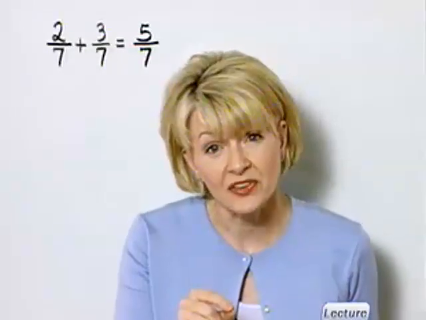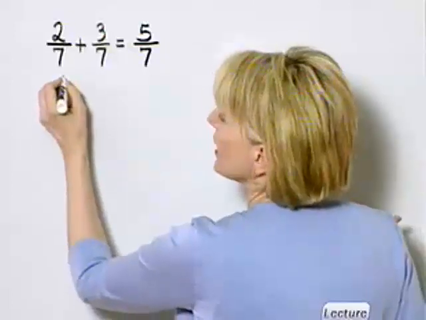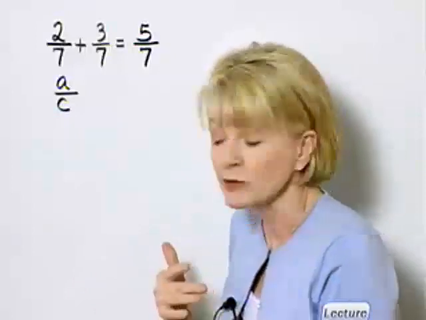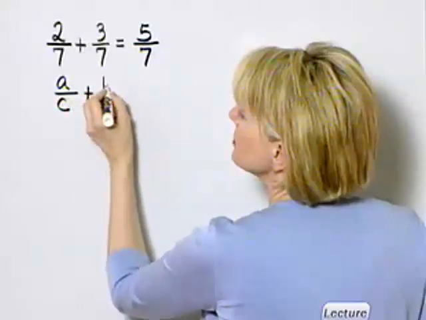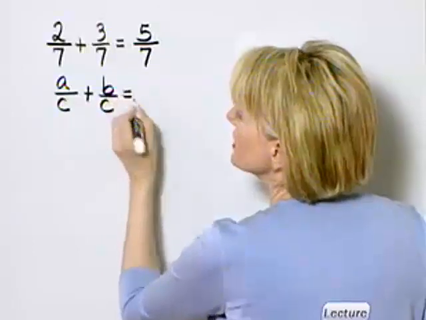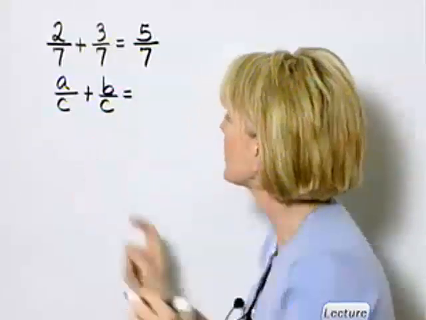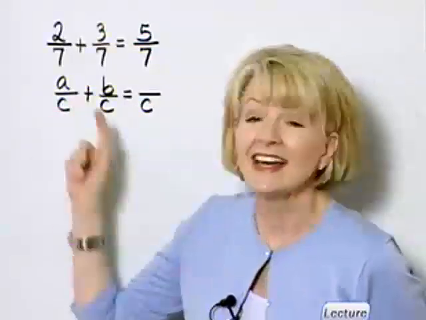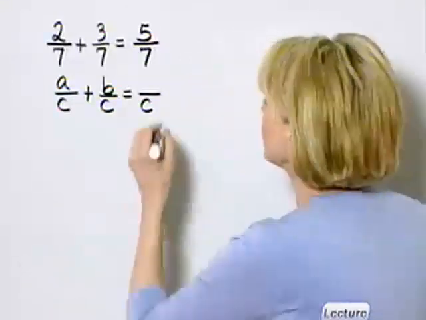In general, then, can you agree with me that the fraction a over c, and of course c is not 0, we don't want the denominator to be 0, plus b over c, that is what then? The denominators are the same, so I keep that common denominator, and in the numerator we have a plus b, all over c.